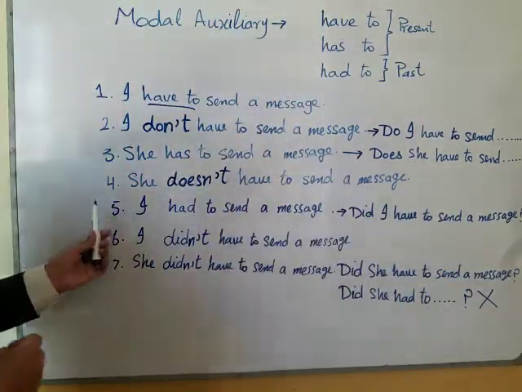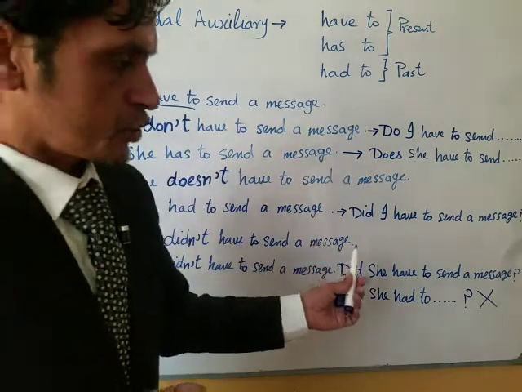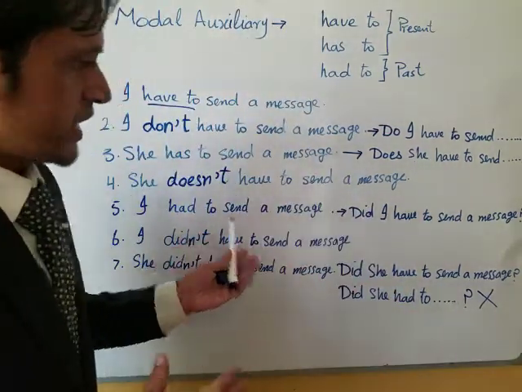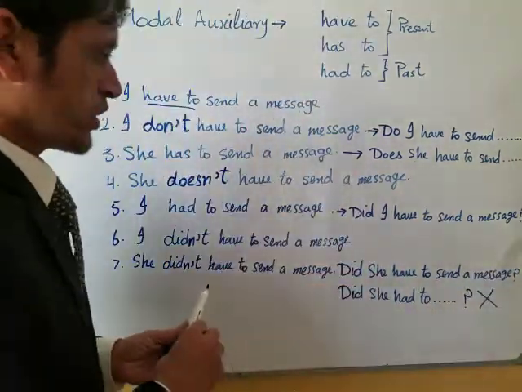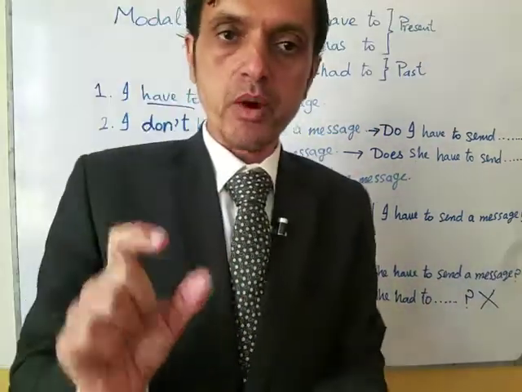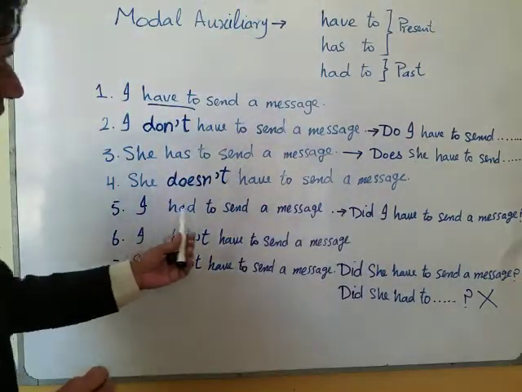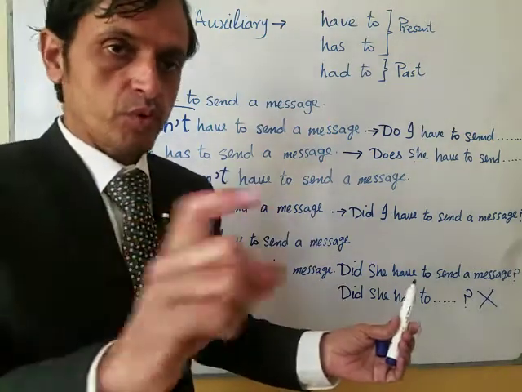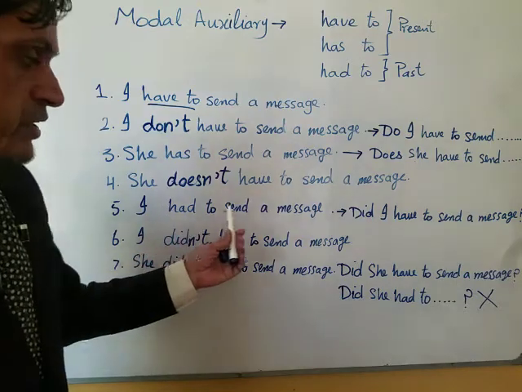Now look at this sentence, number 5. I had to send a message. This is past tense. If you want to make a negative or interrogative, we will bring another auxiliary, did or did not. So I had to send a message. The negative we will not make in this way: I not had to send a message.